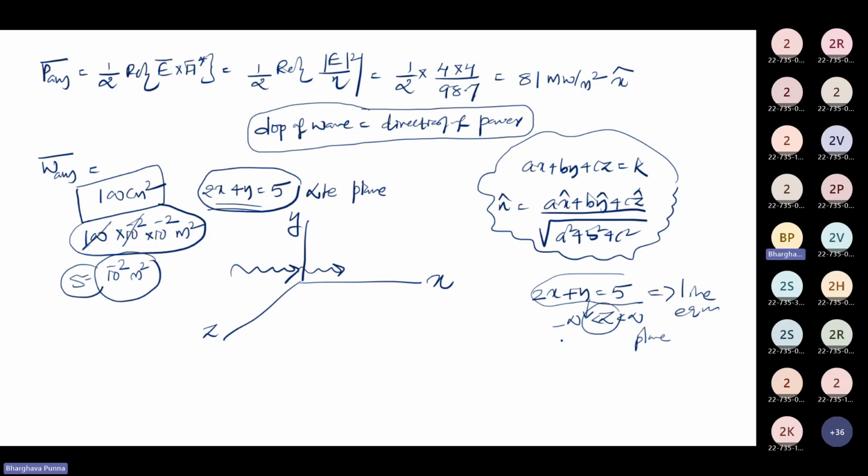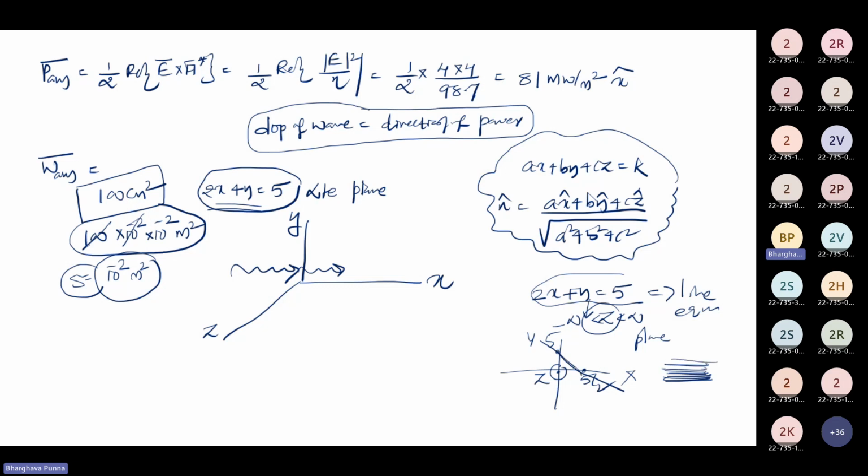How is this plane there? For example, if you think it is x, it is y. On the x-axis, it will be available for y is equal to 0. If you take y is equal to 0, x is equal to 5 by 2. If you take x is 0, you will get y is equal to 5. So one line is passing through these 2 points. Another line, that means z is coming outside. So for all the values of z, infinite number of lines, line by line, line by line will create a surface, will create the plane.